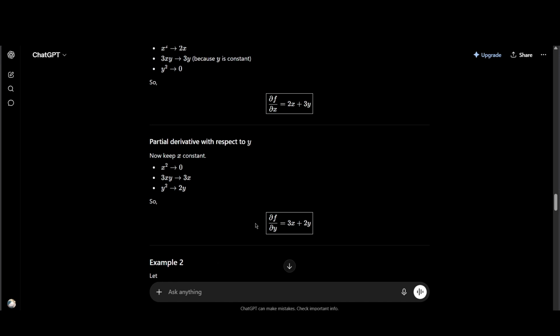3xy: with y held constant, that term becomes 3y. y squared is a constant, so it equals 0. Now keep x constant. Anything that is considered a constant will naturally equate to 0.